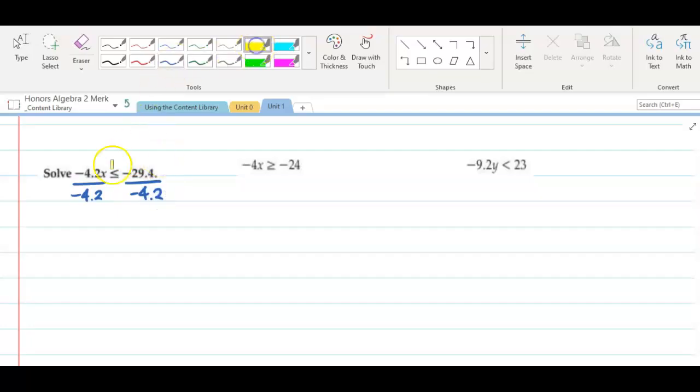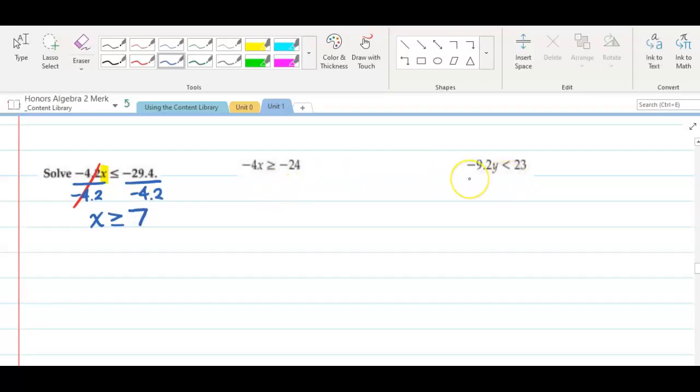That's how I'm going to isolate x. Currently it has times negative 4.2. When I divide, that cancels out, I'm left with x, but notice I'm dividing by a negative, so I immediately need to flip that symbol before I even go over to my calculator to figure out what 29.4 divided by 4.2 equals. Calculator, when we divide those, we end up with positive 7.